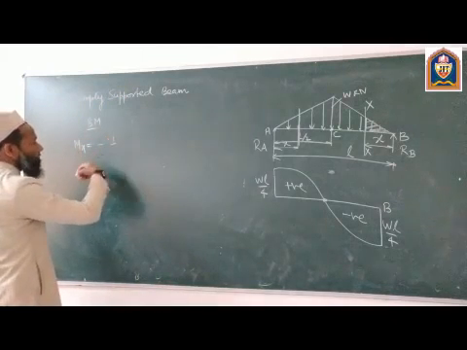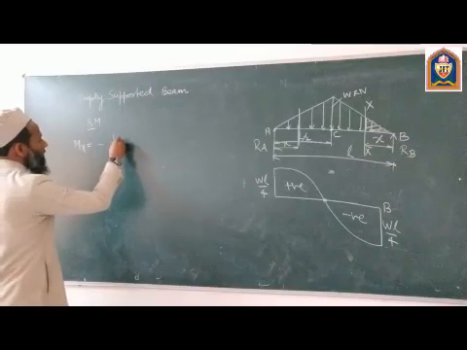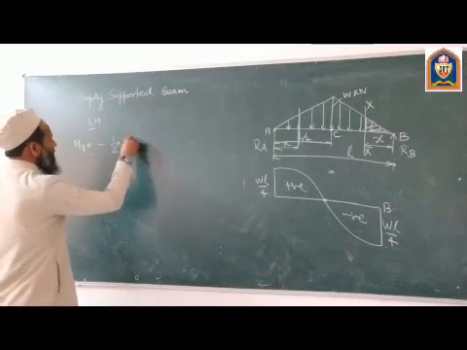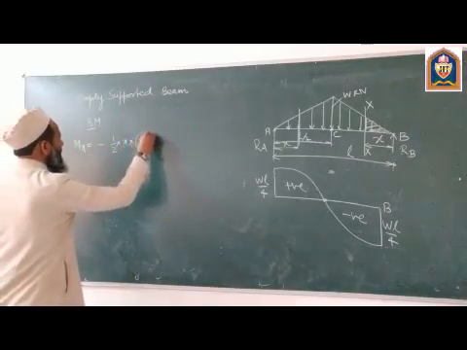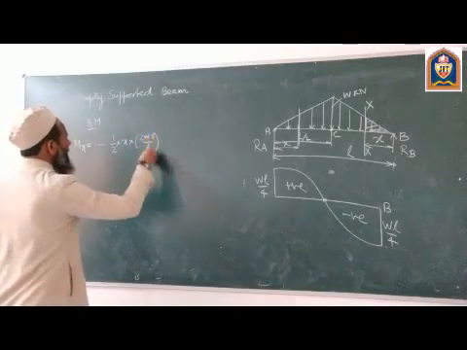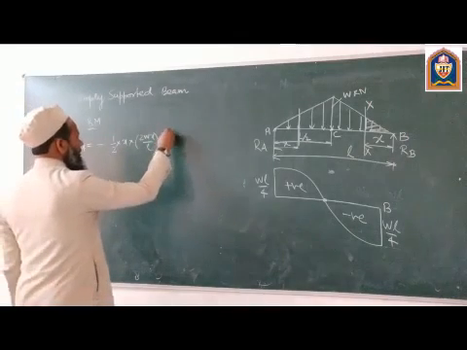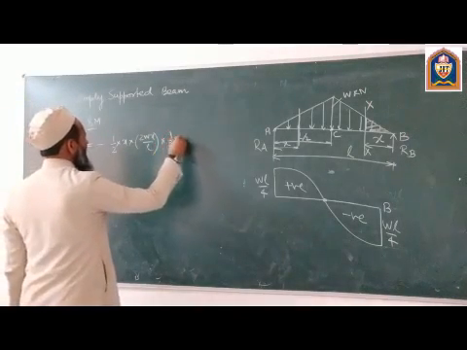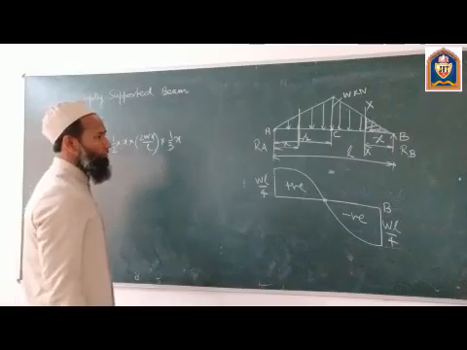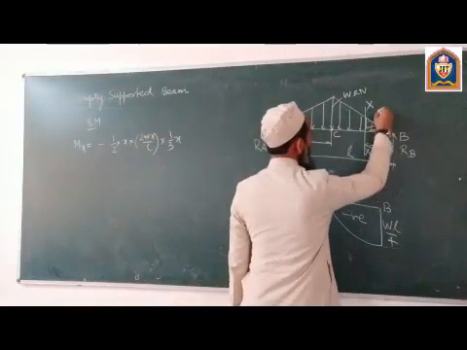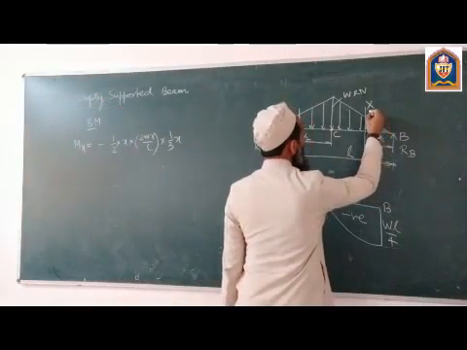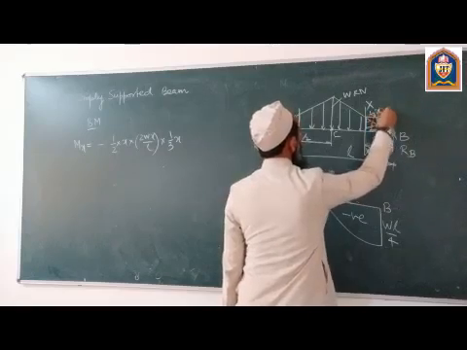Area of the triangle is 1 by 2 multiplied by x multiplied by the rate of loading 2Wx upon L, and this is basically acting at a point 1 by 3 of x, because this will act somewhere here, and this distance is 1 by 3 of x.